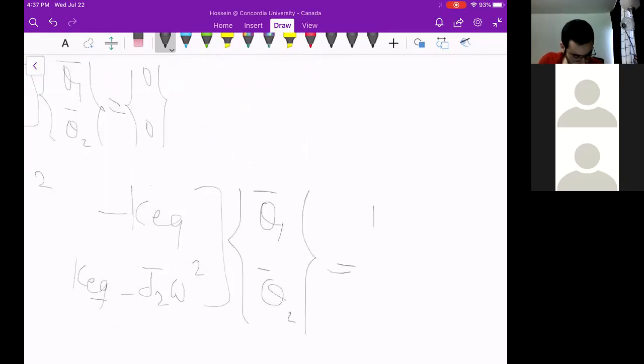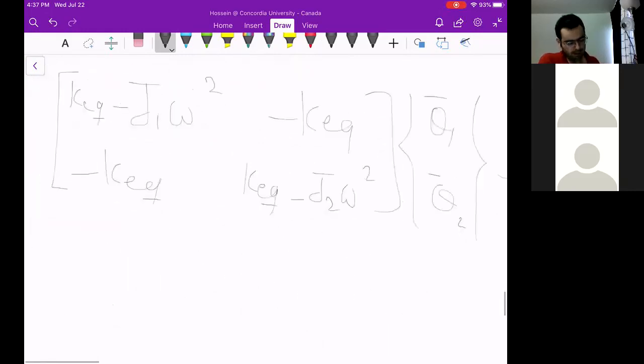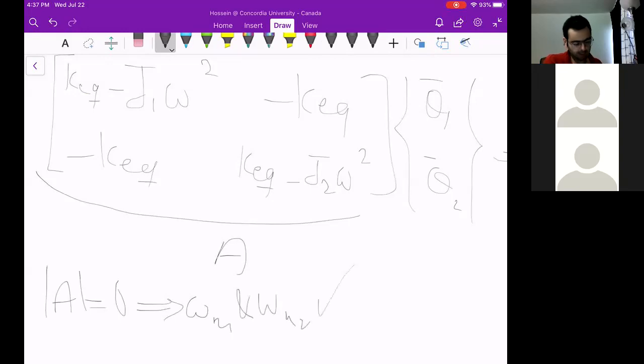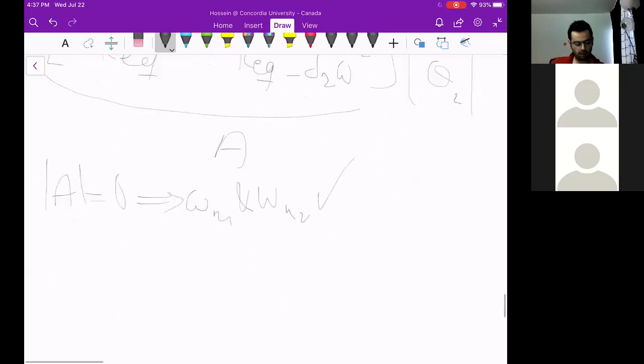This is going to be 0, and our non-trivial response would be when the determinant of this matrix is 0. So solving determinant equal to 0 will give you the natural frequencies omega N1, omega N2. These steps are the same for all of the problems.